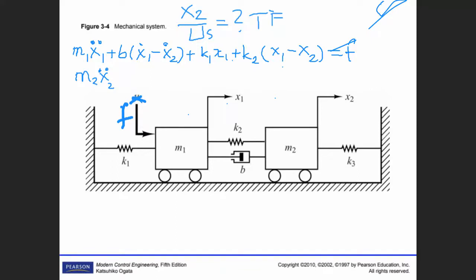M2 times X2 double dot plus B times, then our mass is M2, our reference, therefore X2 minus X1. Well done, Amin.